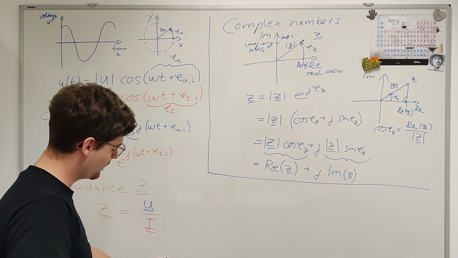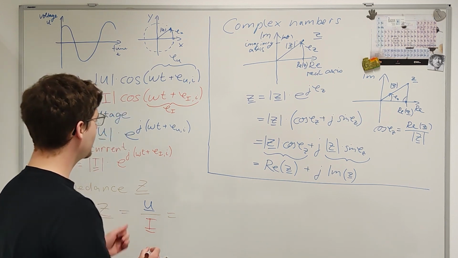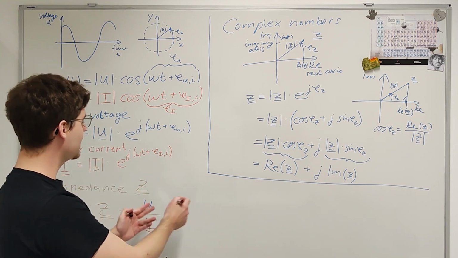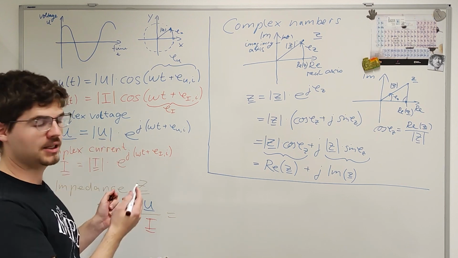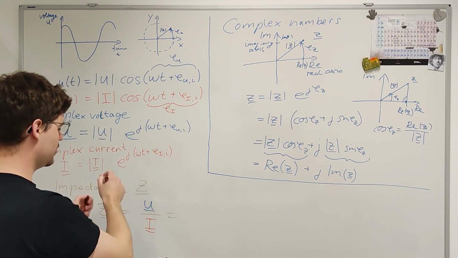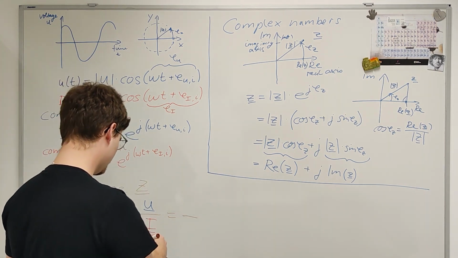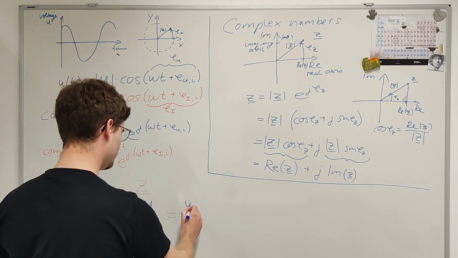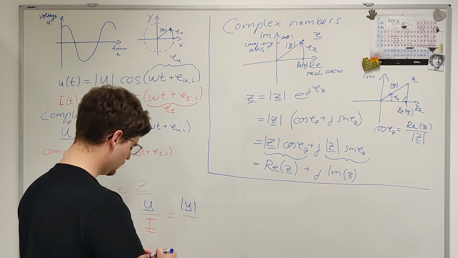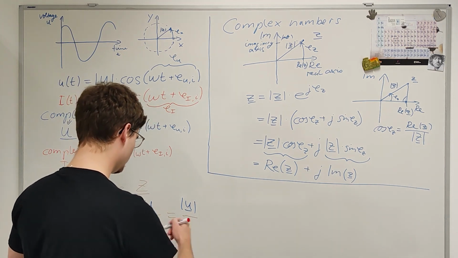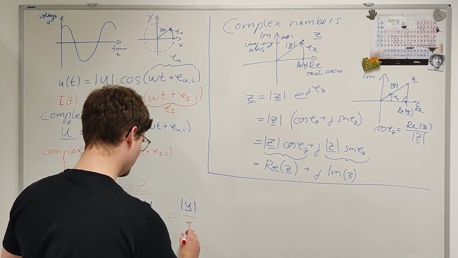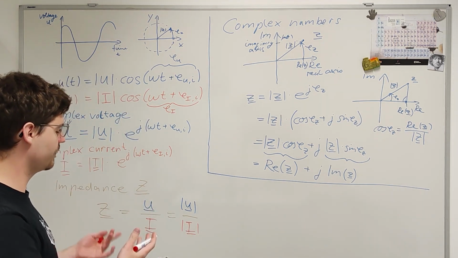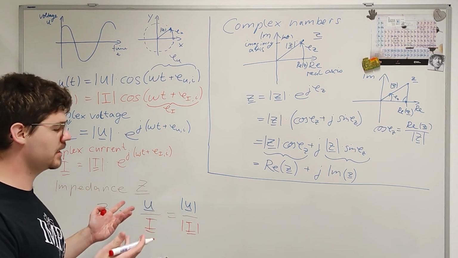If we do this, and we use these representations, then we will get a term that begins with the quotient of the magnitudes of the voltage and the current. And note that while this may look somewhat interestingly denoted, it is basically just the number.